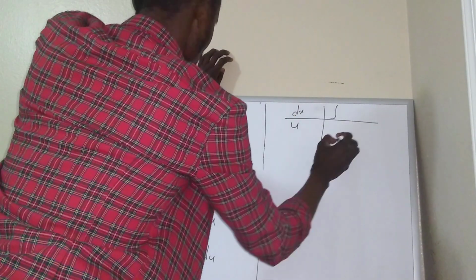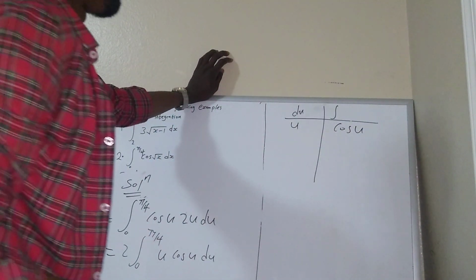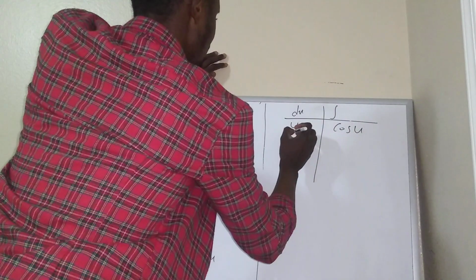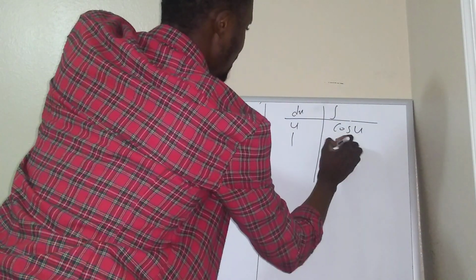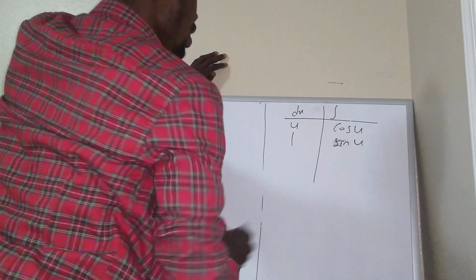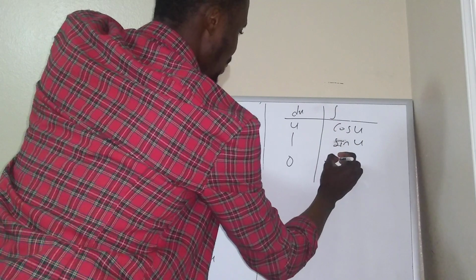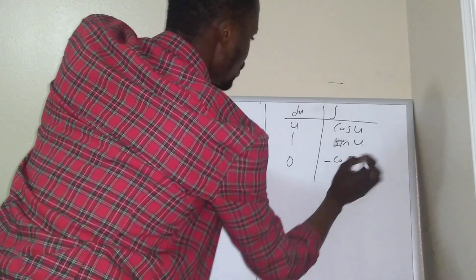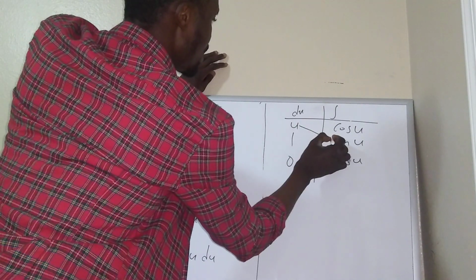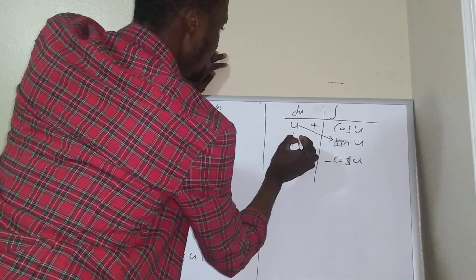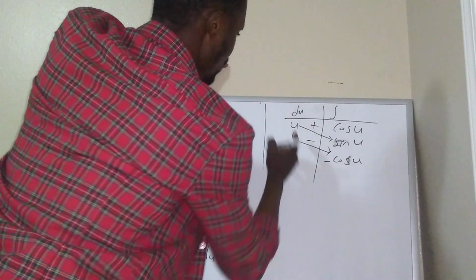So here is your u, and here is your cos u. If you differentiate this you get 1, and if you integrate this you get sine u. If you differentiate this again you get 0, and if you integrate this you get minus cos u. Your sign is going to be positive from here to this, and negative from here to this.